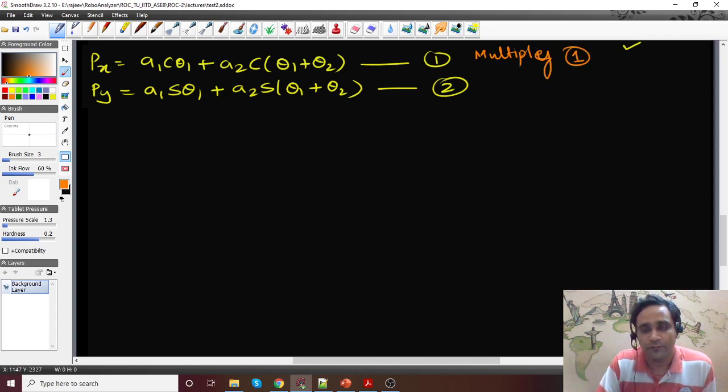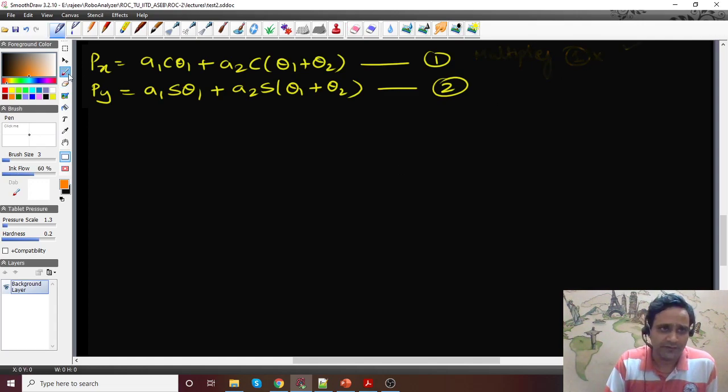We'll have to write in terms of cos theta 1. Let me take it further first. This requires some manipulation, and in the textbooks typically they'll just give you directly what needs to be done. Here we are trying to understand why it is done.